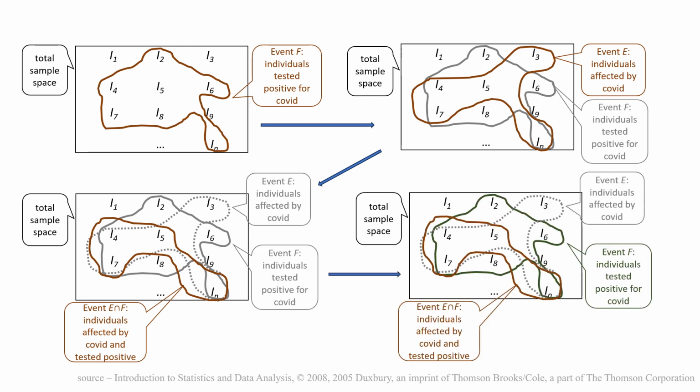Conditional probability is the probability of occurrence of event E intersection F, highlighted using the brown solid line, given the occurrence of event F highlighted using the green solid line. Note the total sample space taking the backseat in this illustration.